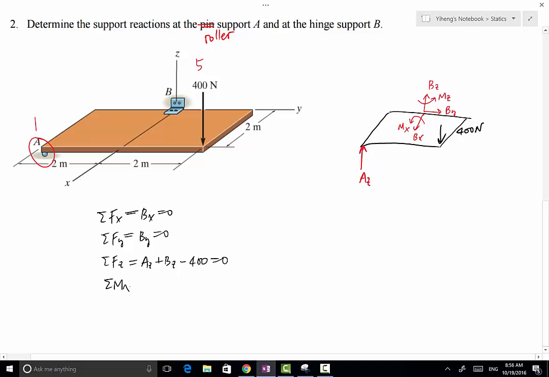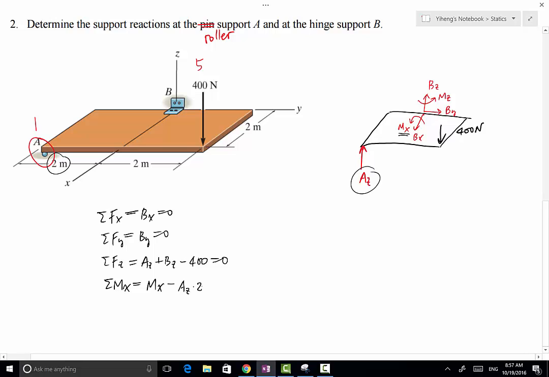Resultant moment about the x-axis. We have an unknown moment, and we need to count that first, and then we try to determine the total moment caused by the forces about the x-axis. So this force az here is causing clockwise rotational effect about the x-axis, so minus az multiplied by the moment arm, which is 2 meters.